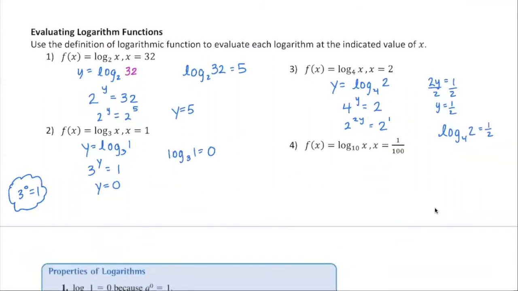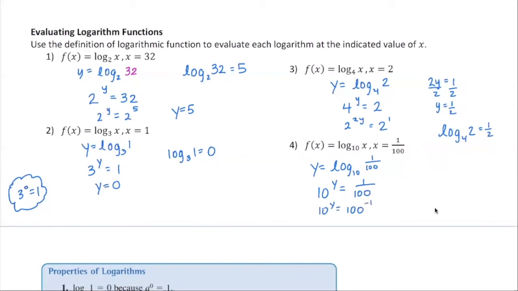And then our last one, number 4, we would say log base 10 of 1 over 100 is y, and we can rewrite this as 10 to the y power equals 1 over 100. You could turn this into a fraction, but I like to get my fraction into a regular number. So I'm going to rewrite this expression using a negative exponent. So I'll say 10 to the y is 100 to the negative 1.